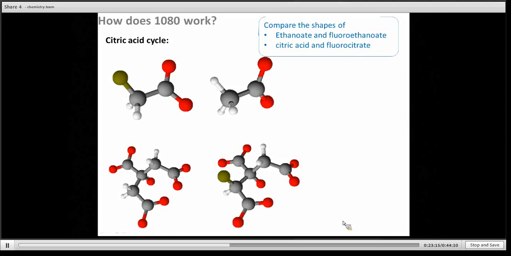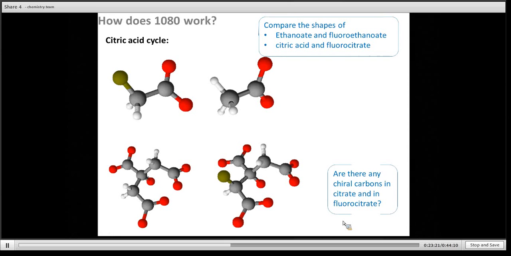One thing you should also have learned from your organic chemistry is enantiomers. They are very important in the body and how it works. So do you notice, are there any chiral centers in this molecule, in this citrate?